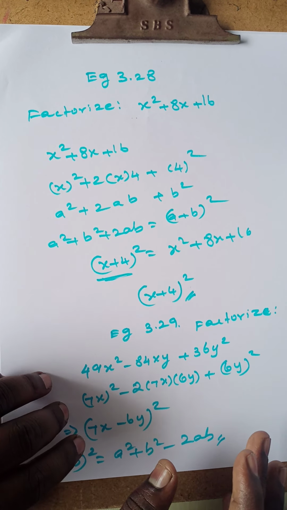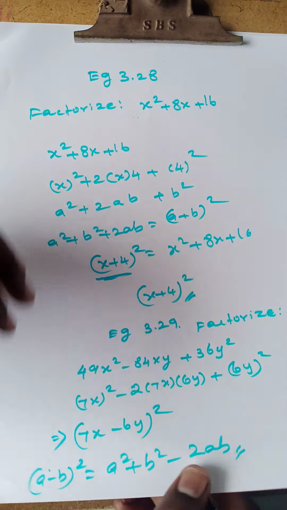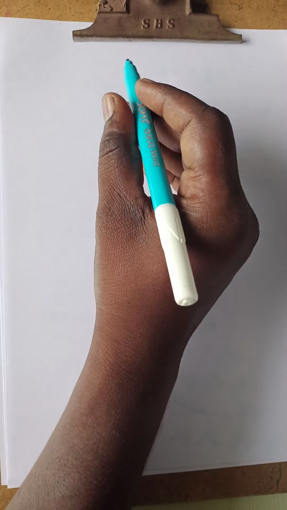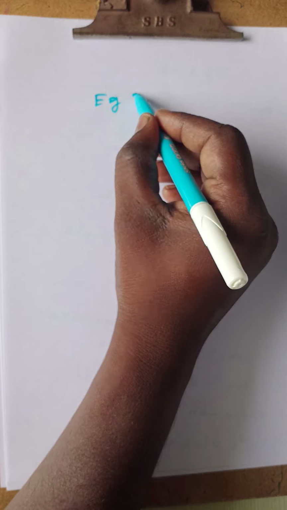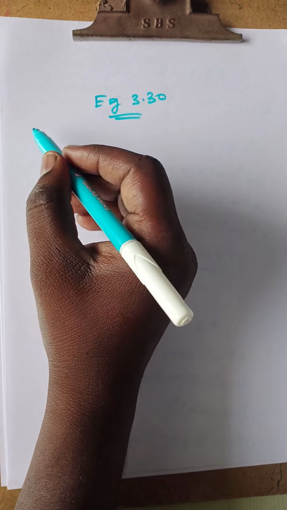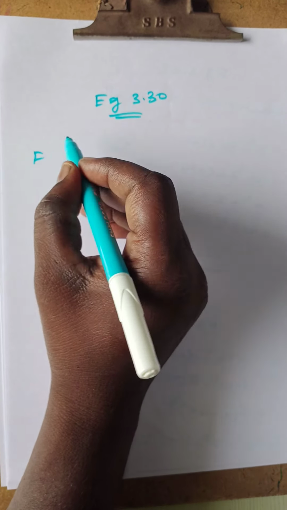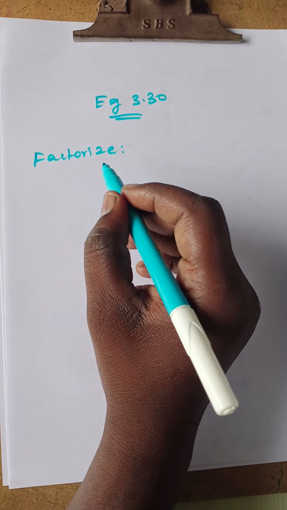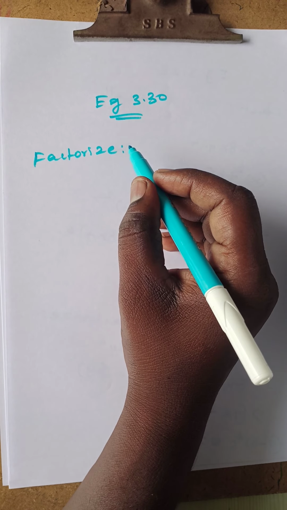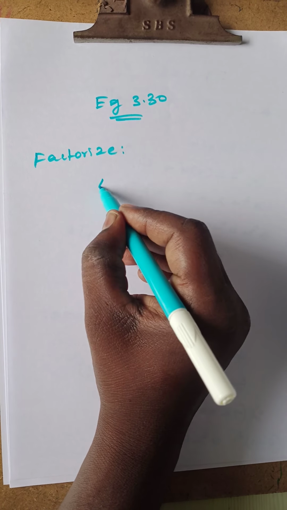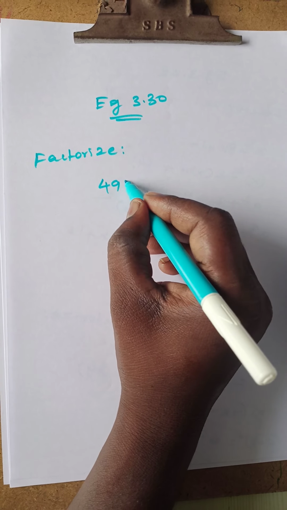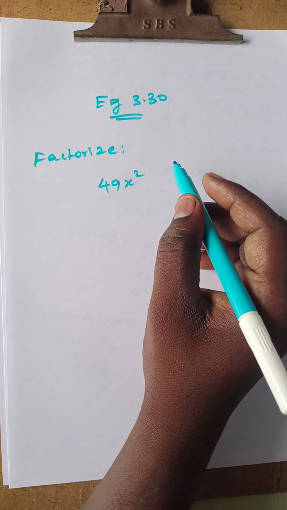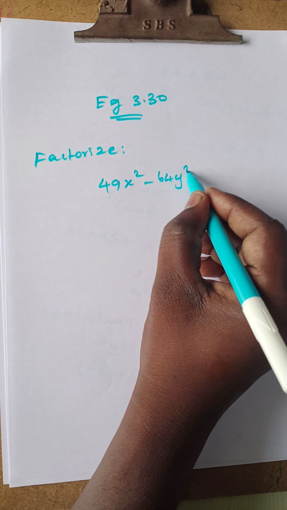Next one, example 3.30. Factorize 49x square minus 64y square.